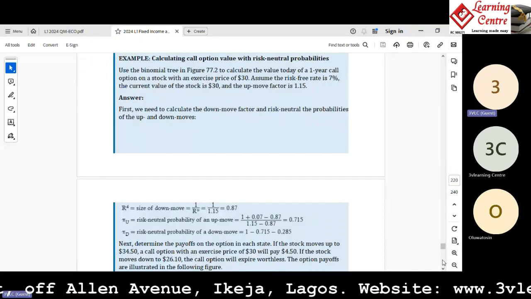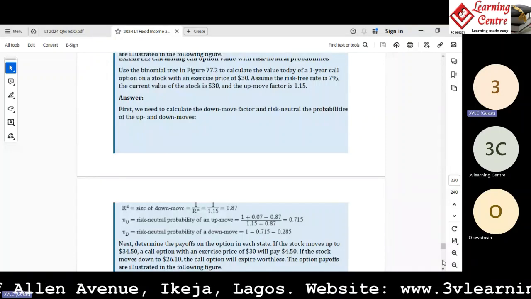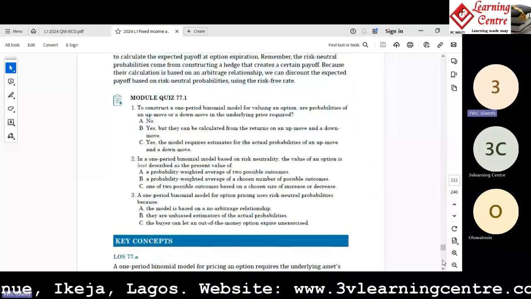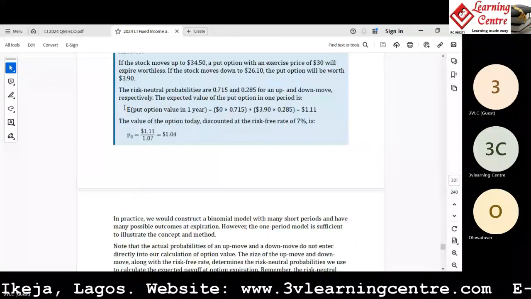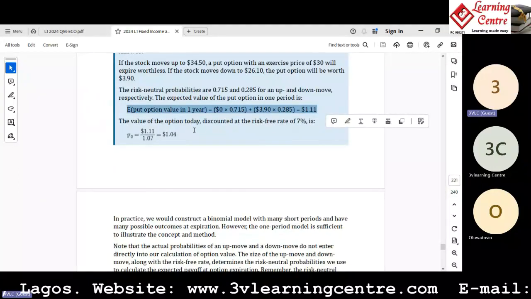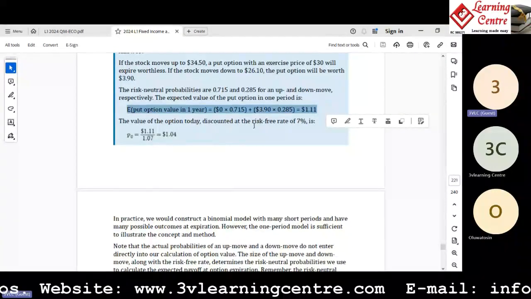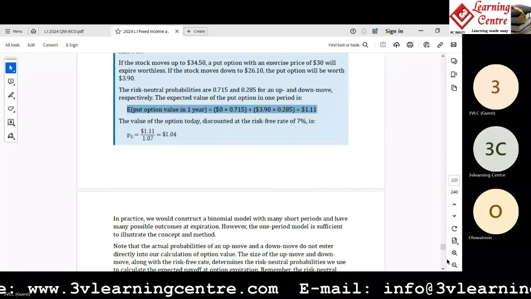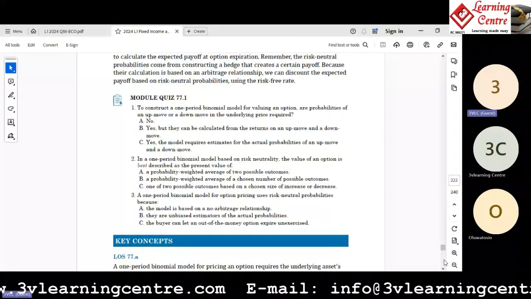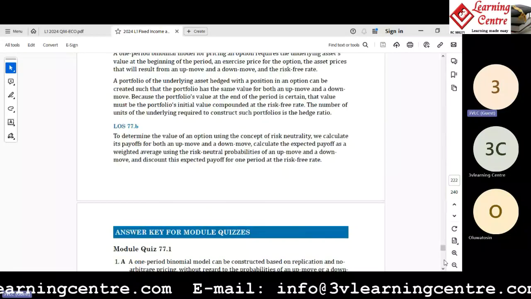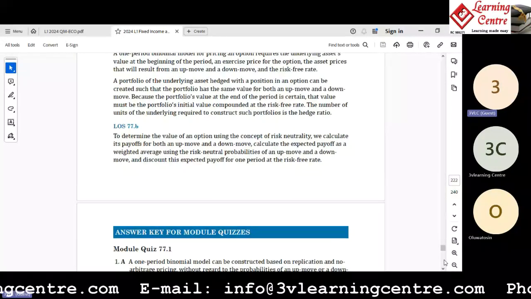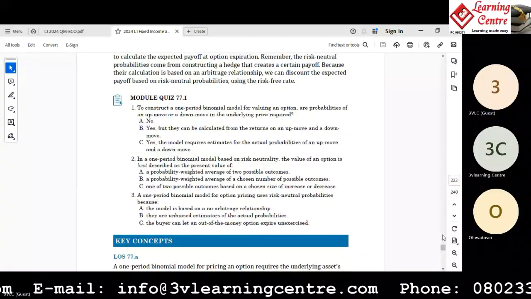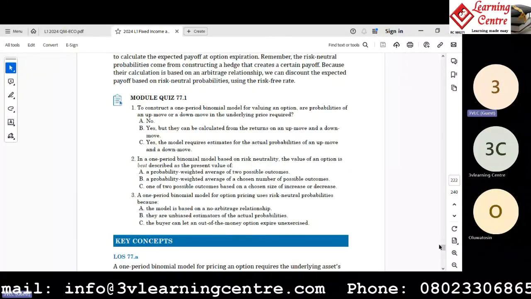So if you add 0.715 and 0.285, it will give you 100%. So we use that to calculate our put value in 1 year, and then we just discounted it to today by dividing by the risk-free rate. So that's basically that for your binomial model. So you just need to understand the decision tree and how to calculate it.